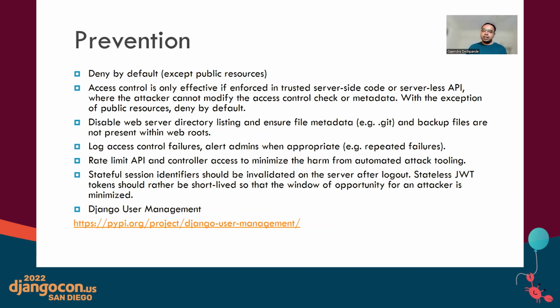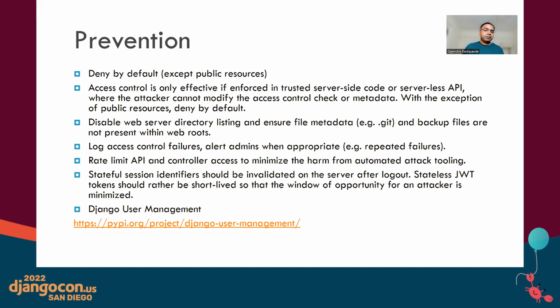So prevention is deny by default except for public resources. Access control is only effective if enforced in trusted server-side code or a serverless API, where the attacker cannot modify the access control check or metadata. So with the exception of public resources, deny by default. Then disable web server directory listing and ensure file metadata and backup files are not present within web roots. Then log access control failures and alert admins whenever appropriate.